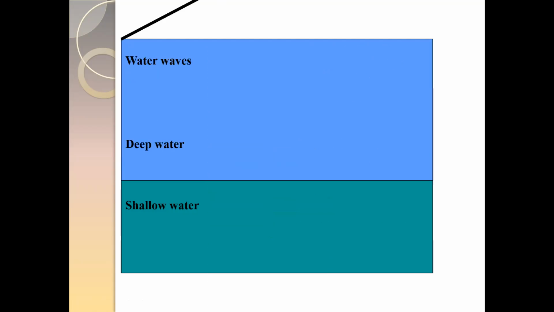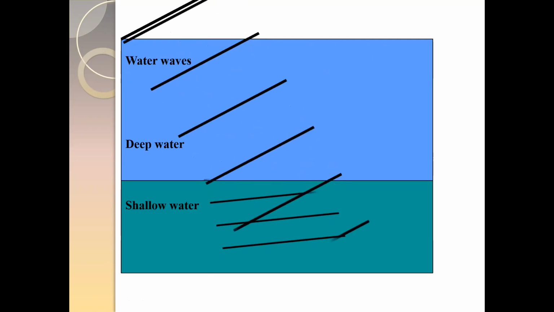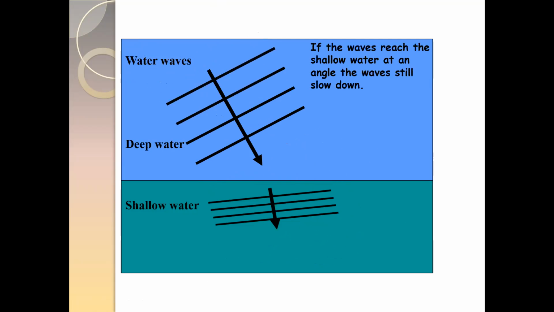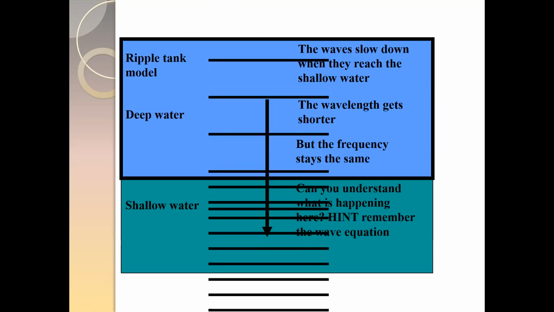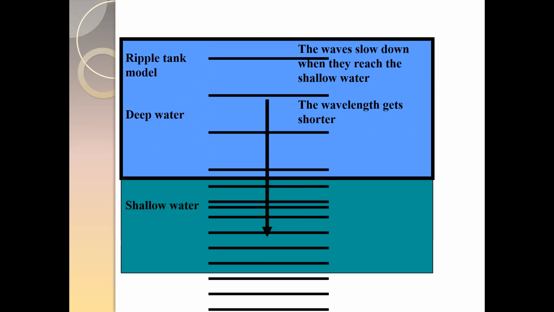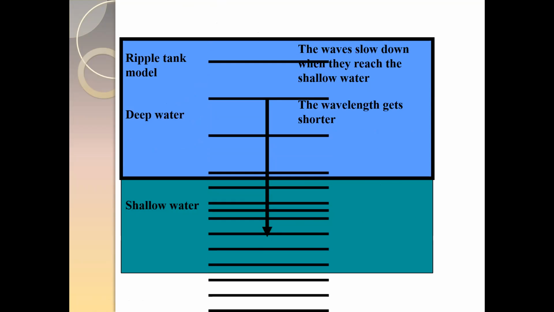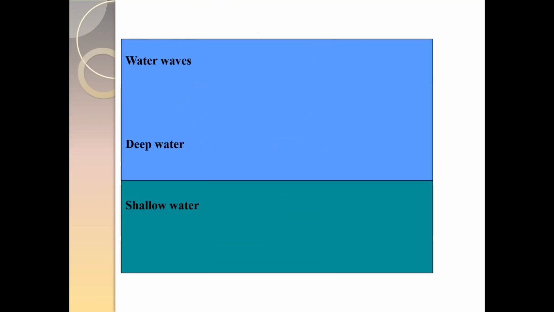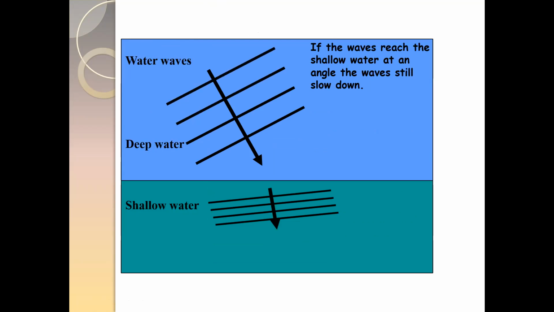But if the incoming wave is making a certain angle, then the wave will slow down as well as change direction. The only difference between the two is that the first one was moving directly perpendicular to the boundary, but the second one is making a certain angle. That's why it changes direction as well.